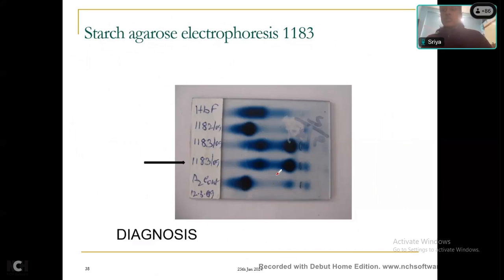Okay, very well. So what is your diagnosis? Ma'am, it could be a beta thalassemia intermedia or major. Beta thalassemia. What did you say? Beta thalassemia. And what is the other thing you said?